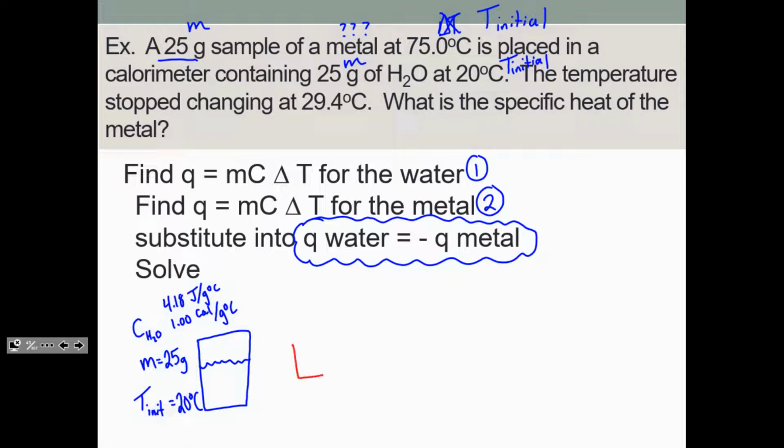And then we have our metal. And the mass of the metal is 25 grams. The temperature initially is 75 degrees.